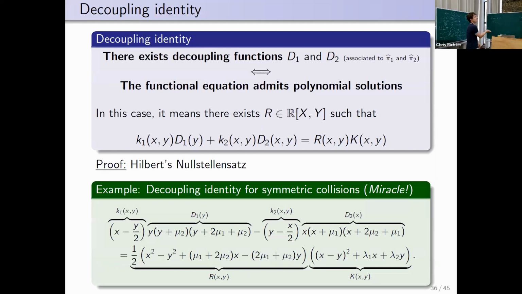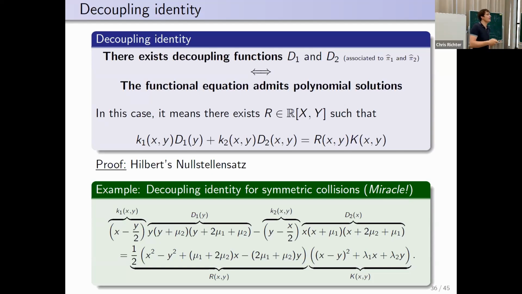And now I just want to tell you that, in fact, this decoupling function, I should have written d1 because it was for pi1. You can also obtain a decoupling function d2 for pi2. And these decoupling functions exist if and only if the functional equation admits a polynomial solution. So I don't know if you already noticed, but when you study functional equations, there are often polynomial solutions, but often they are not the ones you are looking for.